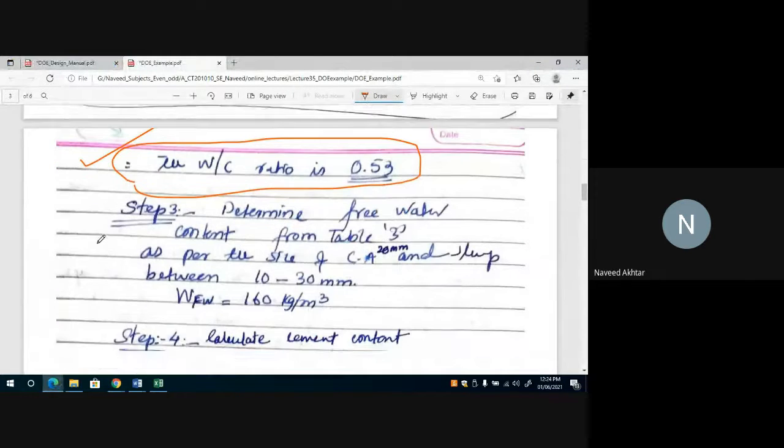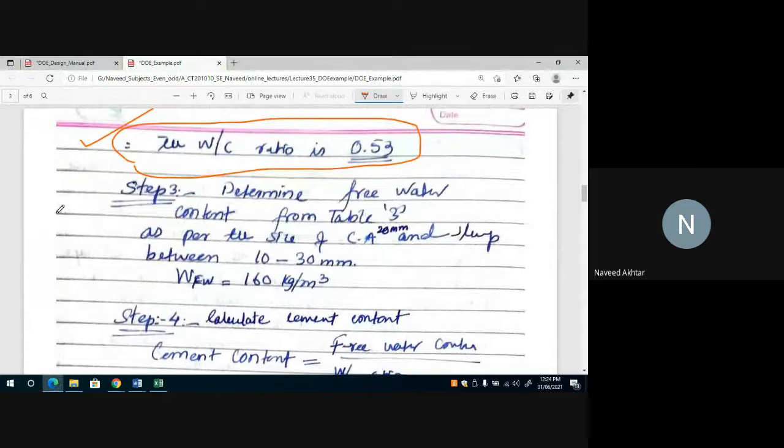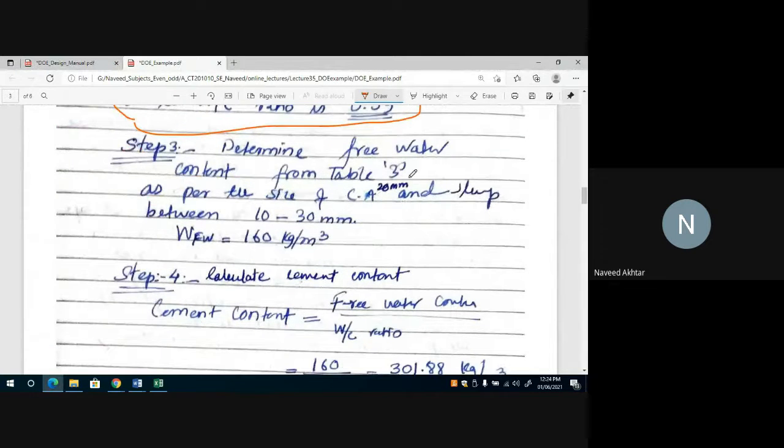Now we come to step number 3. Determine the free water content from table number 3. So now we have to find out the water content from table number 3 of your DOE manual. So from the DOE manual, this is table number 3, you can see here. Here you can see our type of aggregate is the uncrushed aggregate.